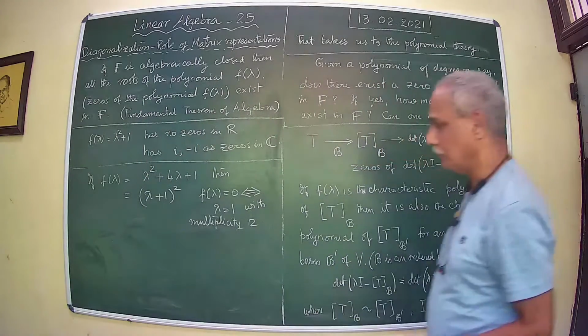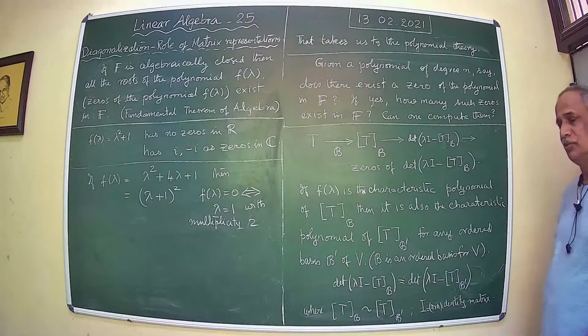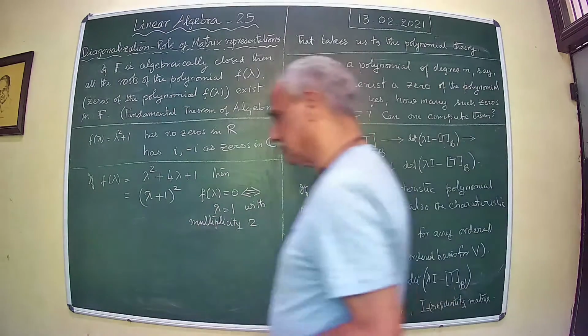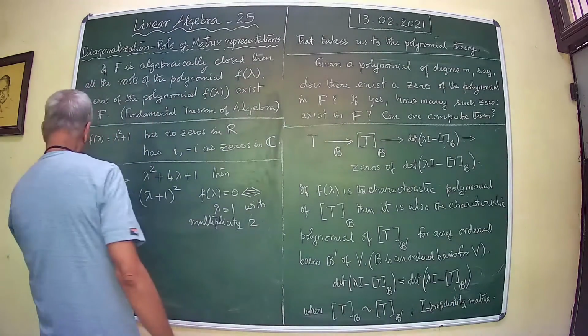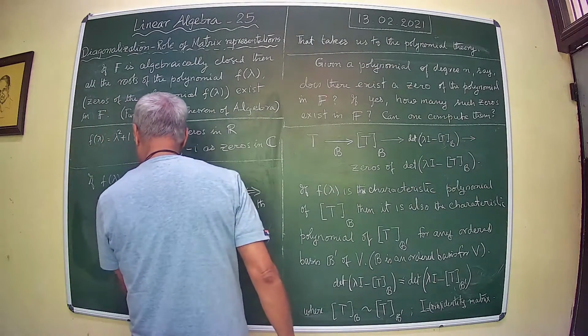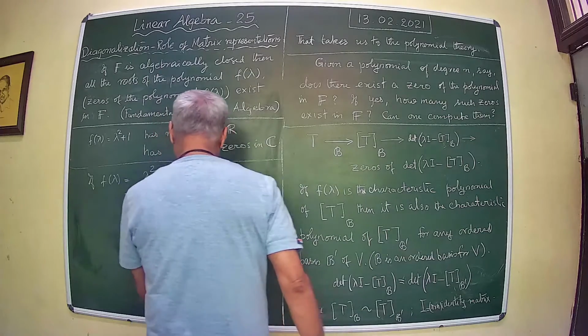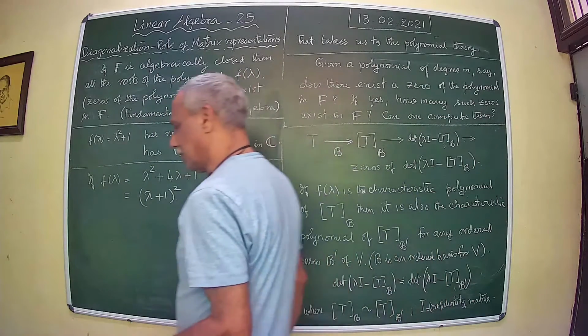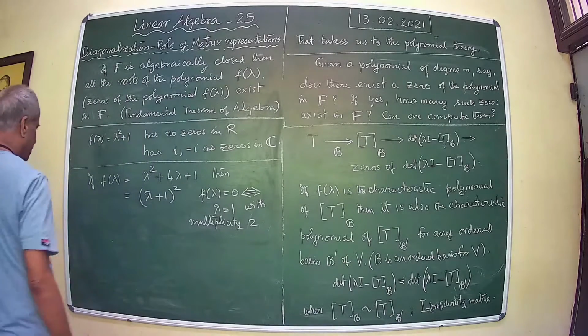And if you know the roots, you can factor them out. So if we know that there are k roots, each of multiplicity, say n1, n2, etc., then you can factor it out as follows.